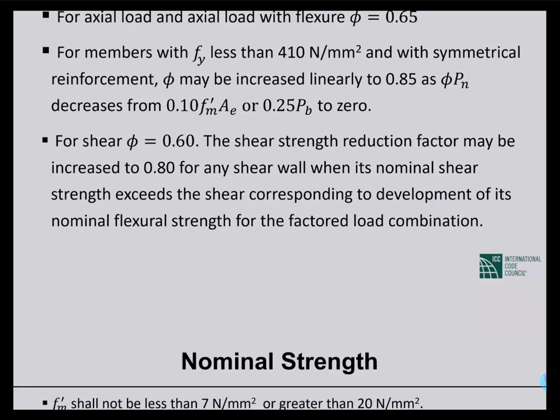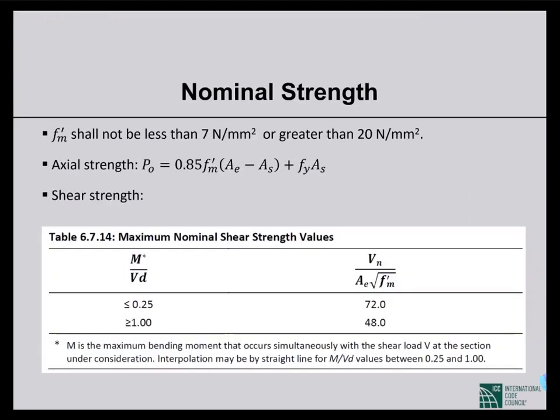So now the nominal strength Fm prime, we get this value from Prism test, but the Fm prime cannot be less than 7 megapascal or cannot be more than 20 megapascal. Axial strength is the same formula as we use for RC columns.